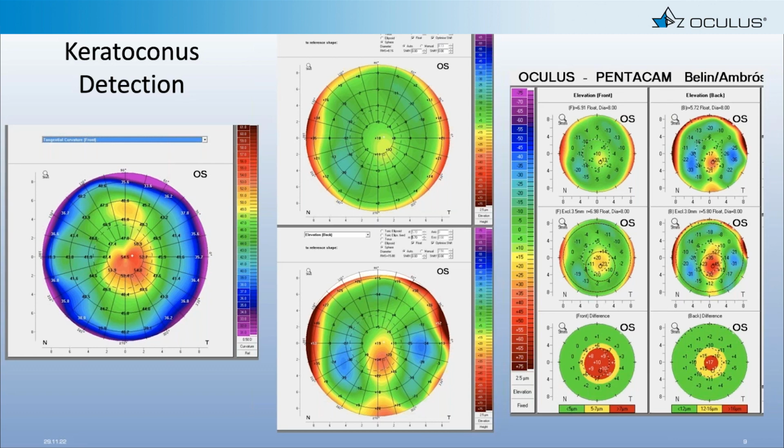And if our cornea is thinning and bowing forward, then we're always going to have an exaggerated elevation on the back versus the front. By definition, it has to be that way. And as you see on the right, we've got our Belin Ambrosio keratoconus display, and it certainly shows this patient does seem to have keratoconus.